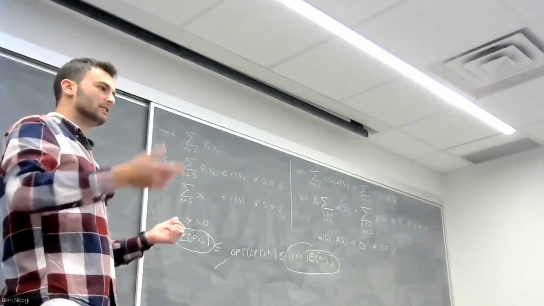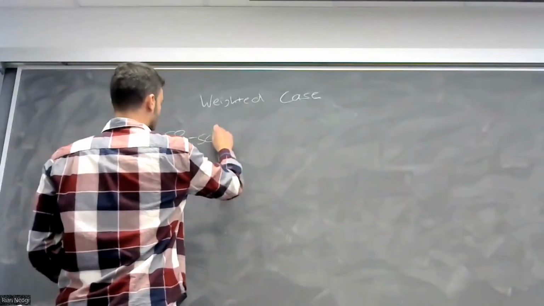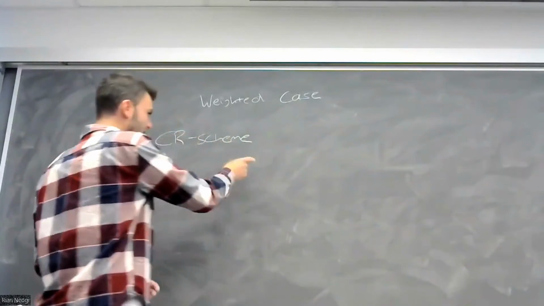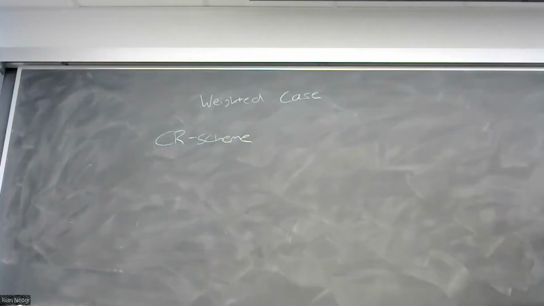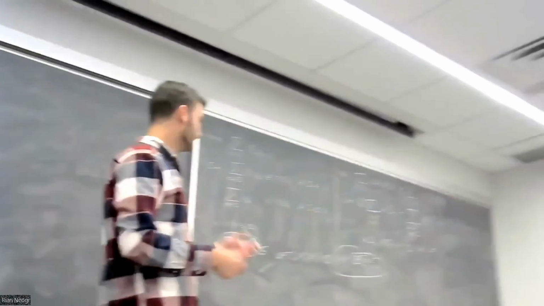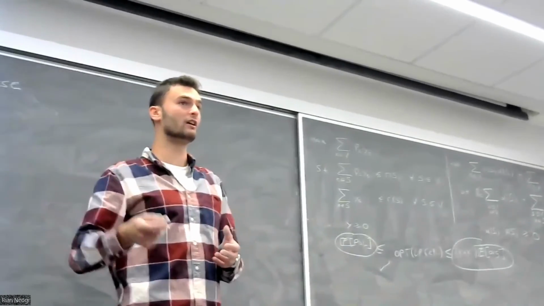But the point of considering the more general setup is that there's a thing called a contention resolution scheme, which is a method of rounding a solution to an LP relaxation for an independent system to a feasible solution.